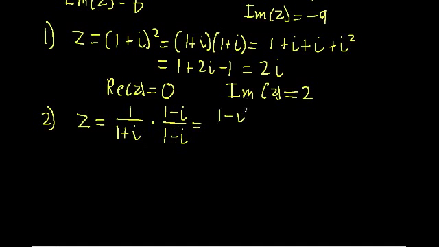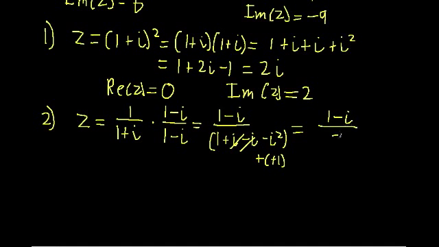So we're not actually changing the expression, we're just rewriting it. Multiplying out the numerator, we're just left with 1 minus i on top. And multiplying out the denominator, we get 1 plus i minus i minus i squared. The plus i and the minus i cancel, and this minus i squared is just minus negative 1, which is just equal to 1. So this whole thing reduces down to 1 minus i all over 2, just 1 plus positive 1.